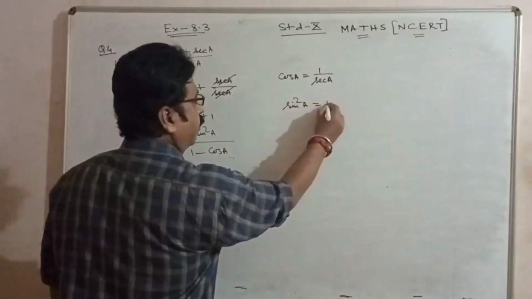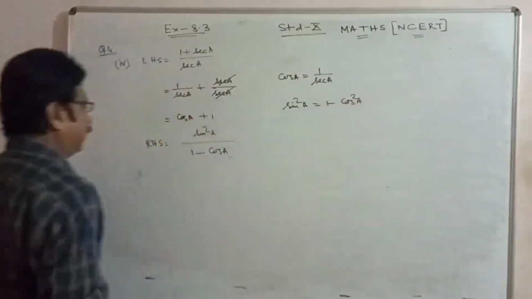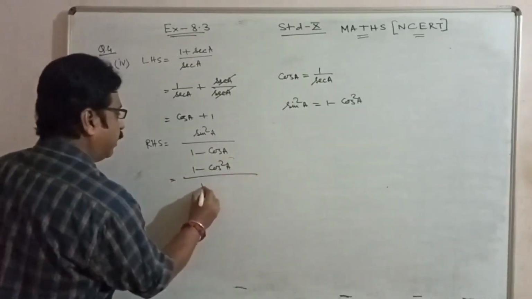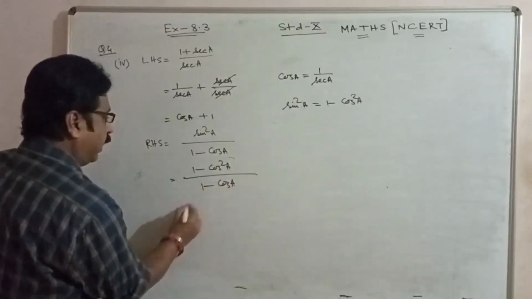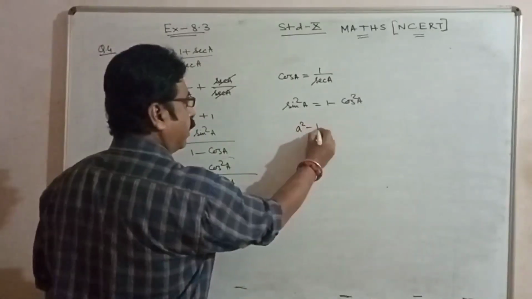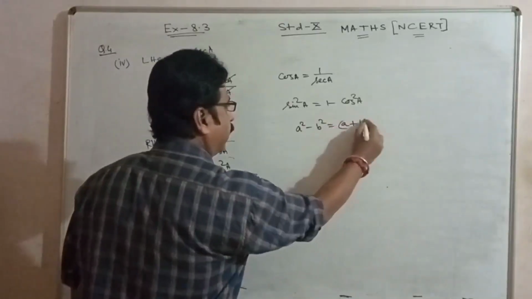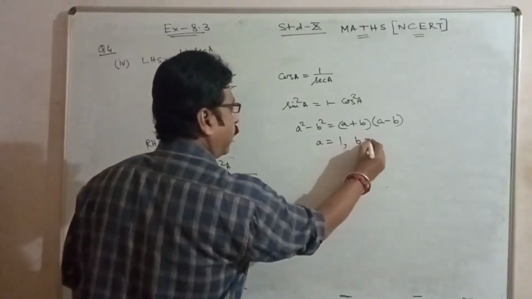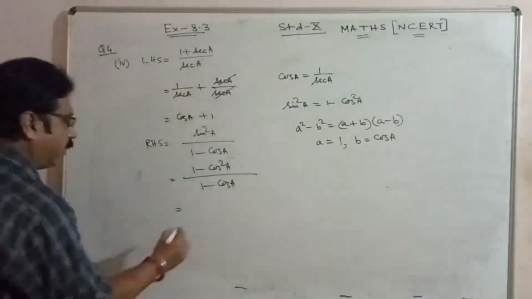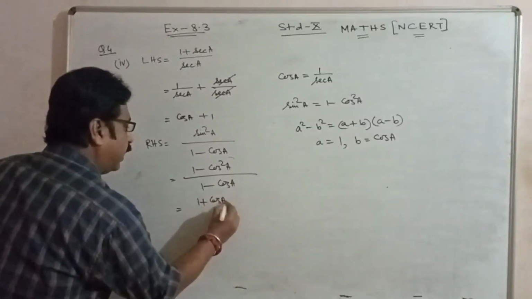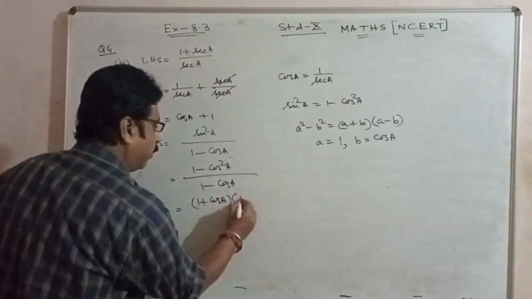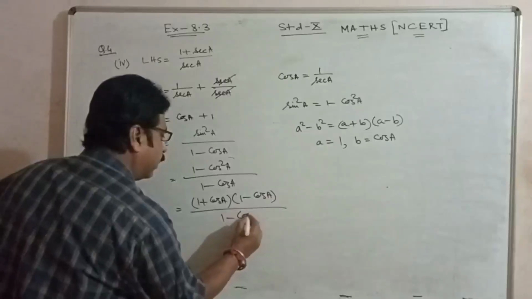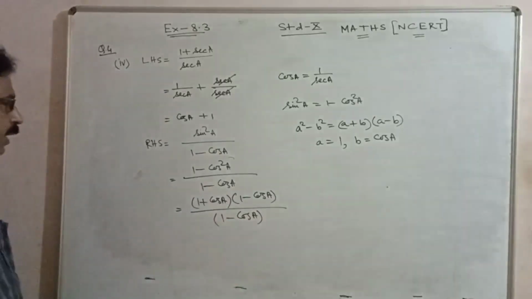Sin square A means 1 minus cos square A. We write this here, 1 minus cos square A upon 1 minus cos A. A square minus B square formula: A plus B into A minus B. A is 1 here, B is cos A. So we can write 1 plus cos A into 1 minus cos A. Denominator is 1 minus cos A. Now we can cancel.